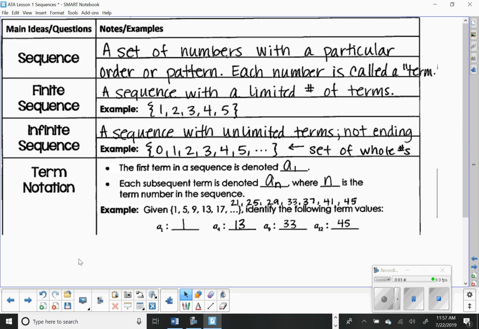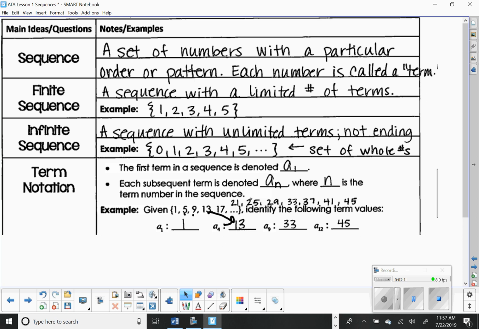Here's an example. Given 1, 5, 9, 13, 17, and then a bunch above, identify the following terms. A sub 1, well, that's 1. A sub 4, 1, 2, 3, 4, that's 13. A sub 9, oh, we don't have an a sub 9. But if I look at this, 1, 5, 9, 13, 17, I'm going up by 4s.